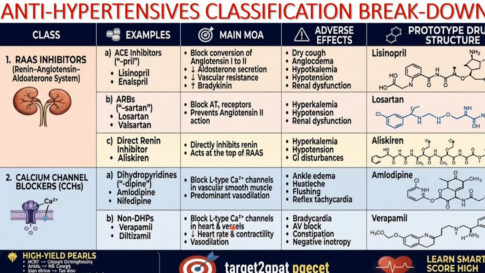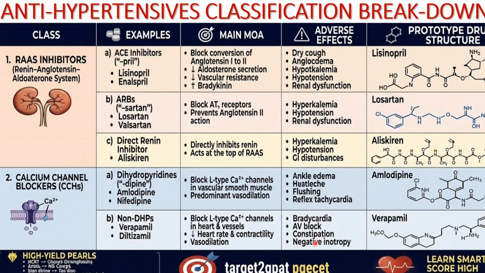In the heart and vessels, they cause a decrease in heart rate along with vasodilation, and contractility is decreased. Heart contractions and heart rate are decreased along with vasodilation. The adverse effects include bradycardia, whereas dihydropyridines cause reflex tachycardia.